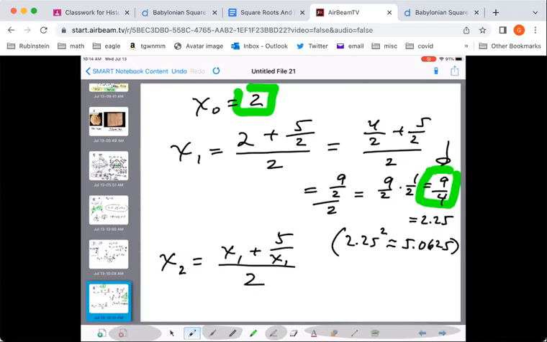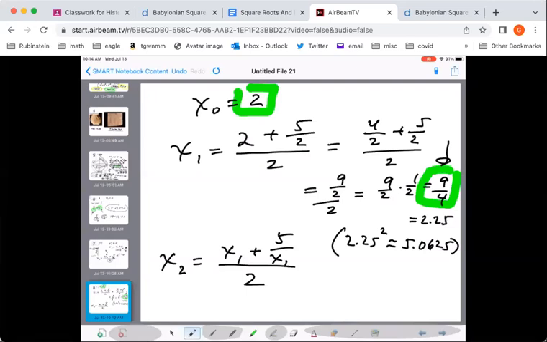That's the same idea. I'm taking the average of my current guess, which was 9/4. Now, I don't know if 9/4 is bigger or smaller than the square root, but it doesn't matter. Because when I do 5 over 9/4, if 9/4 was bigger, 5 over 9/4 would be smaller than the square root. If 9/4 was smaller than the square root, 5 over 9/4 would be bigger.